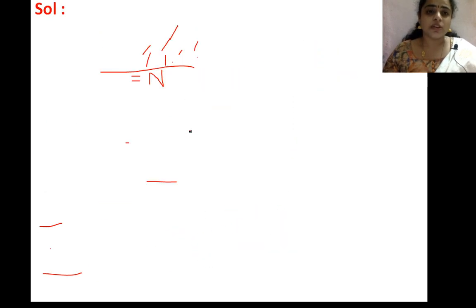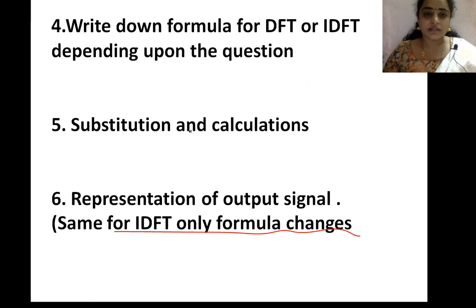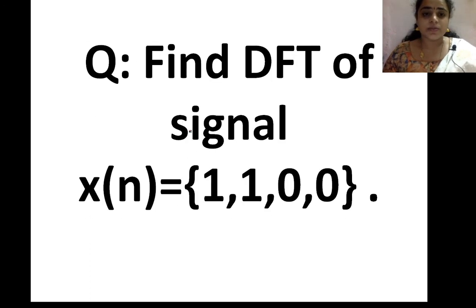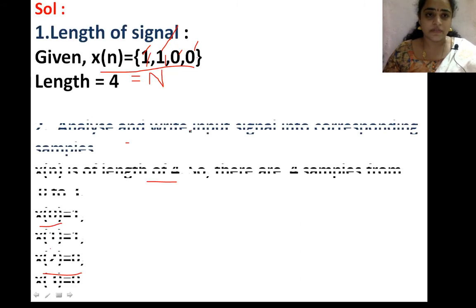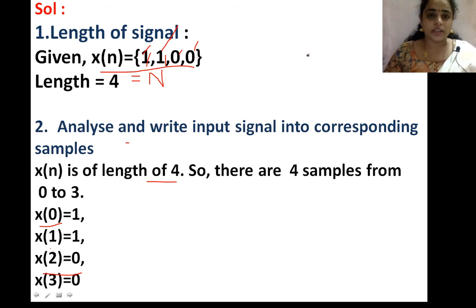So let me take you on a quick tour of this. I am going to tell you in a very simplified form once more, just to be clear and not be confused. X of n equal to 1, 1, 0, 0 is given. We have to write down the length of the signal.